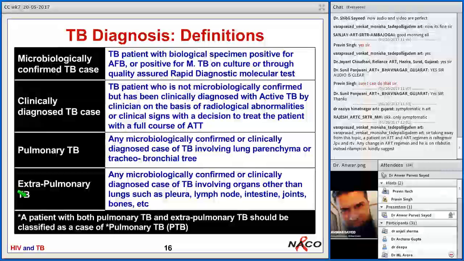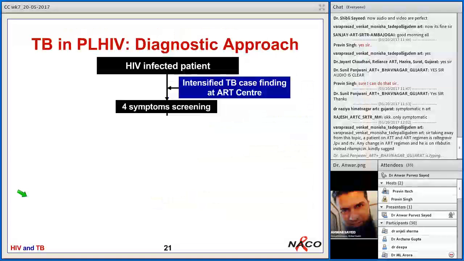Pulmonary TB, as the name suggests, is TB of the lung parenchyma or tracheobronchial tree. Extrapulmonary TB is any TB other than pulmonary TB. But for RNTCP reporting convenience, if a person has both pulmonary and extrapulmonary TB, it is reported as pulmonary TB in RNTCP records.